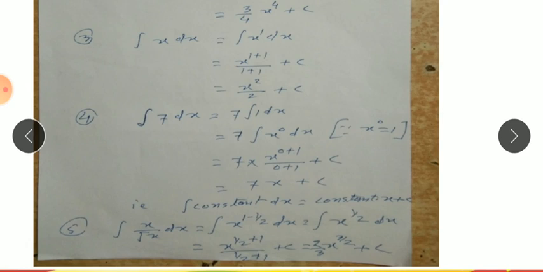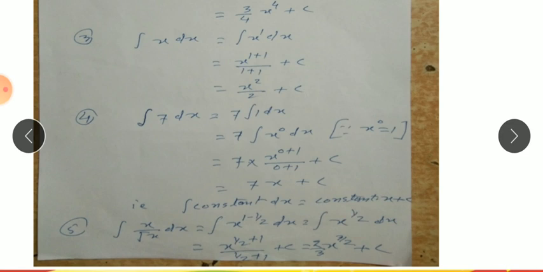Now integration x upon root x. Integrate x upon root x, this can be written as integration x raised to 1 minus 1 by 2. After taking the LCM of 1 minus 1 by 2, this is 2 minus 1 by 2, which means x raised to 1 by 2.